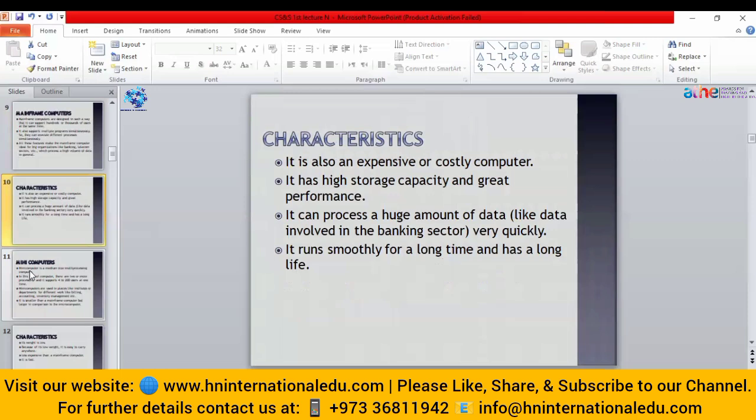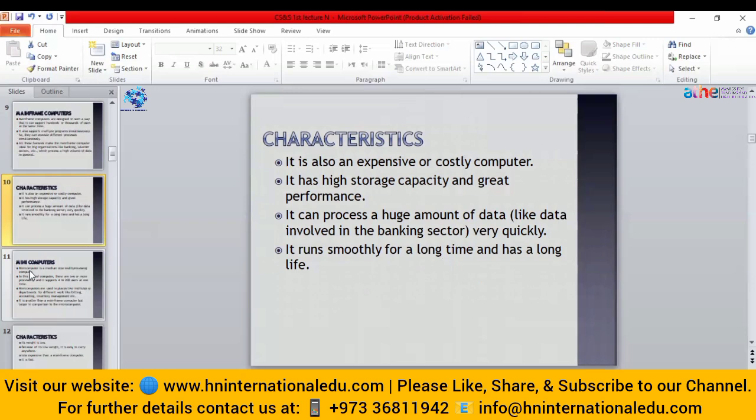Characteristics: it is expensive due to its functionality and components, as it has larger capacities to store data, so larger memories and larger processing power, because it has to handle thousands of users. So they are expensive computers, but less expensive compared to supercomputers.